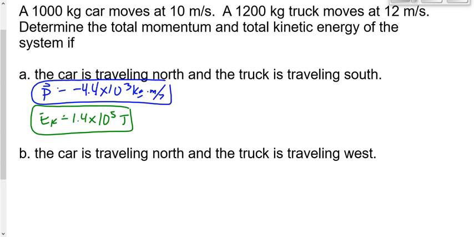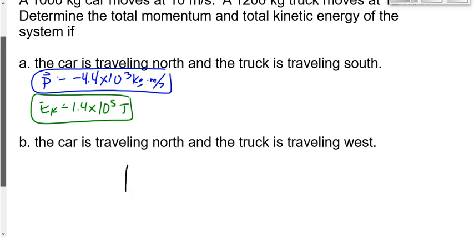Let's draw a picture to try to set this up here. Let's say the car has a mass of 1,000 kilograms and a velocity of 10 meters per second. The truck has a mass of 1,200 kilograms and a velocity of 12 meters per second to the west.